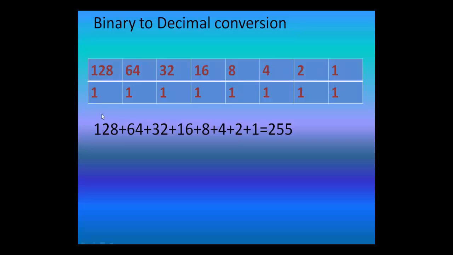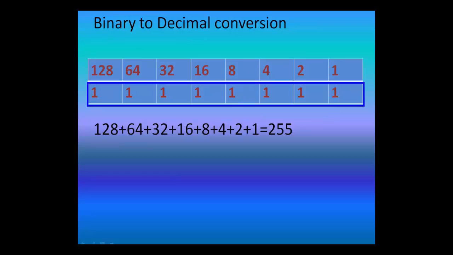Suppose we have all ones. We have one IP in binary that is all 1. What can be the maximum value? 128, 64, 32, 16, 8, 4, 2, 1, which is 255, an 8-bit value.